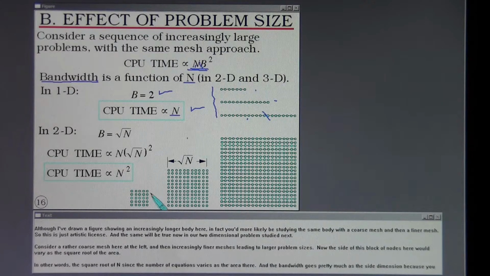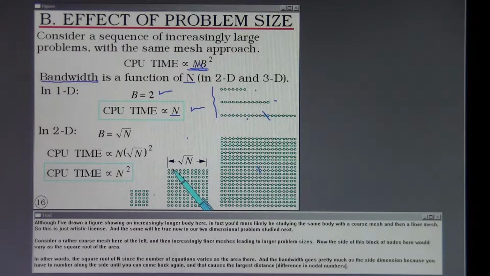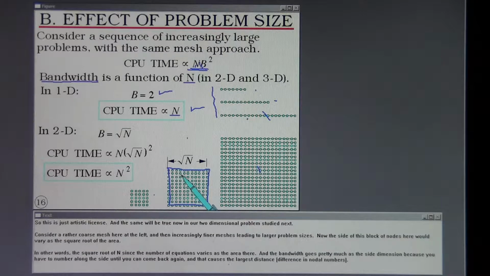Consider a rather coarse mesh here at the left, and then increasingly finer meshes leading to larger problem sizes. Now, the side of this block of nodes would vary as the square root of the area. In other words, the square root of n, since the number of equations varies as the area there.